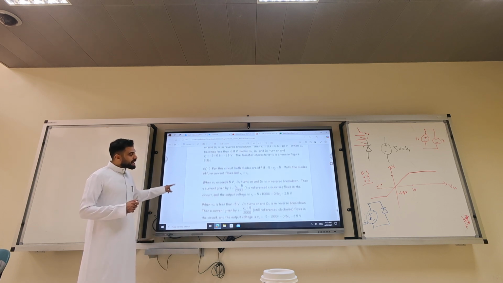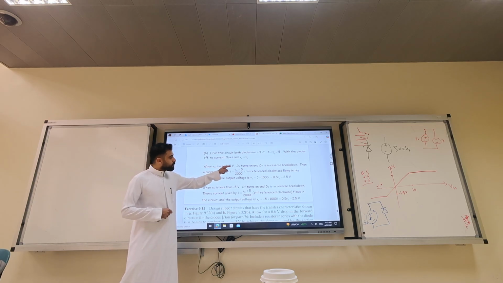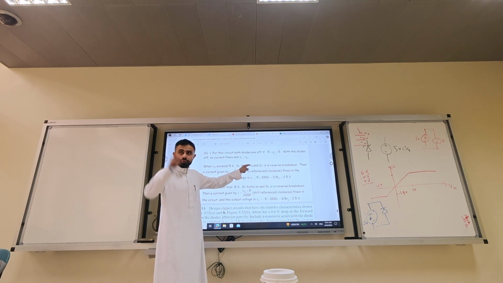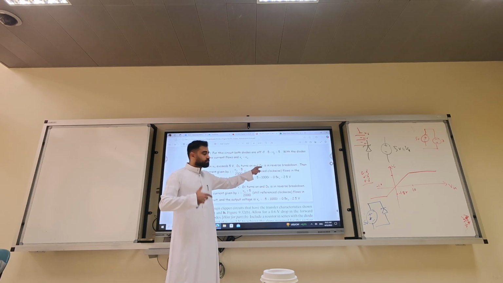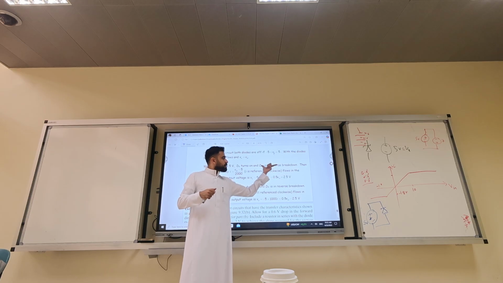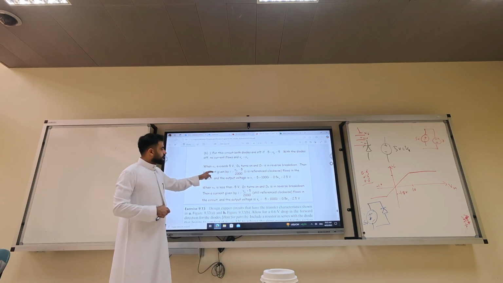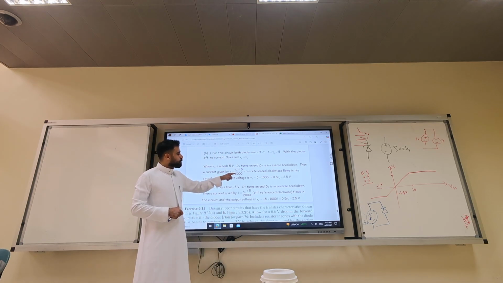So solving this example, which is a bit challenging, when V input exceeds 5 volts, D6 turns on forward bias, D7 reverse breakdown in the third region. So this acts as a battery of 5 volts, this acts as a battery of 0.6 volts. Then the current is what? V input minus 5 over 2000.